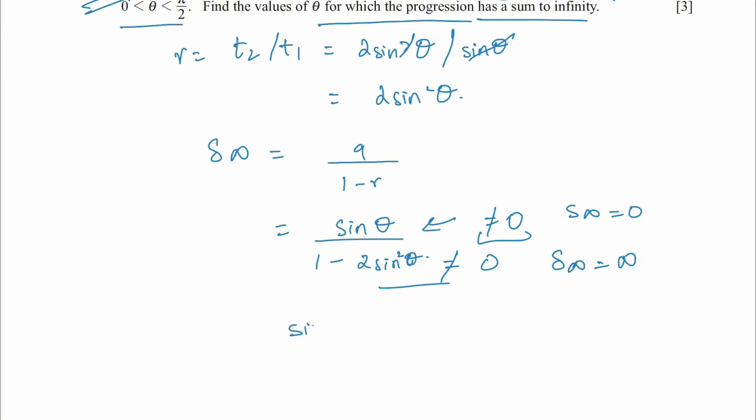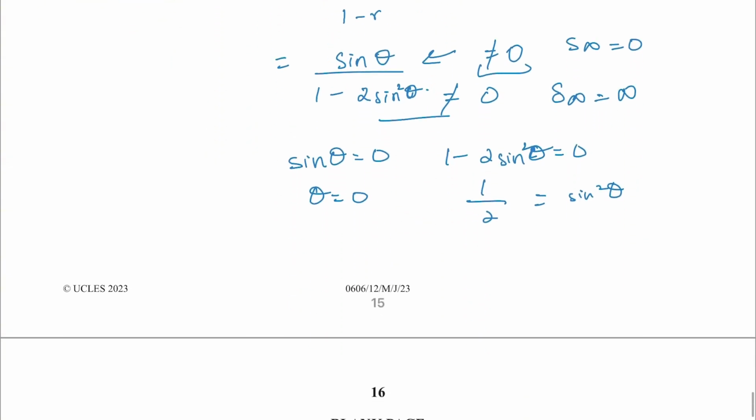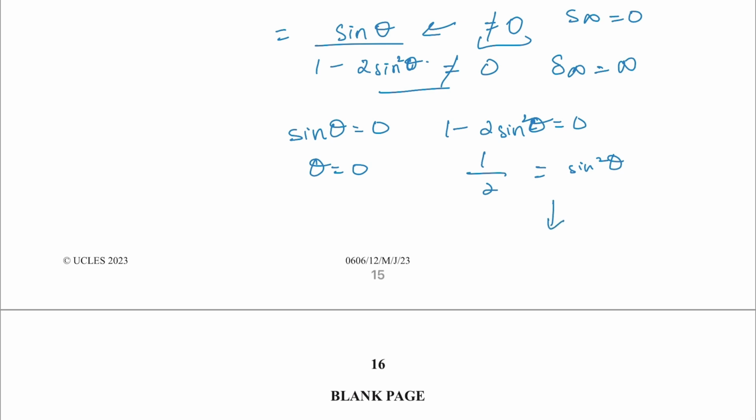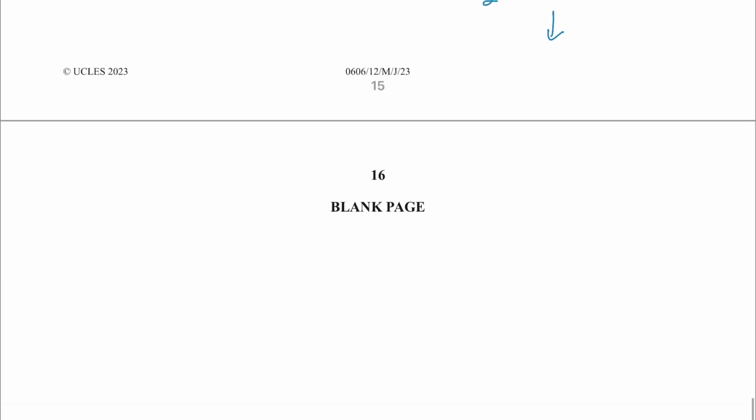So we'll write it as sine theta not equal to 0, so theta would not be 0, and 1 minus 2 sine squared theta not equal to 0. So this would be sine squared theta equals 1 over 2. Let's just move this over to the next page. So this would be sine theta equals plus minus root 1 over 2.